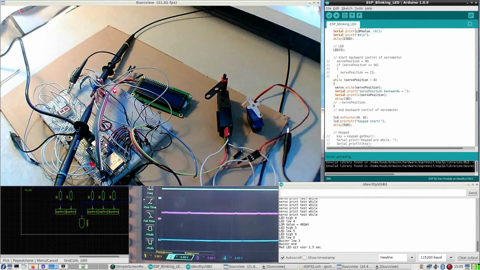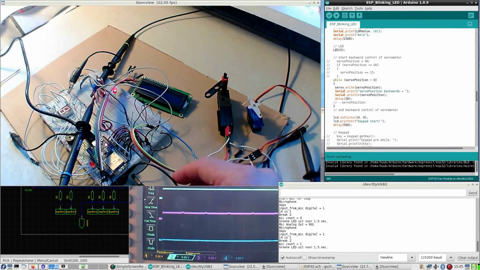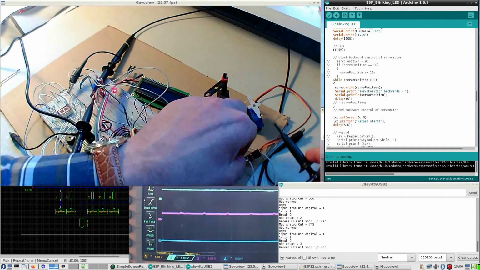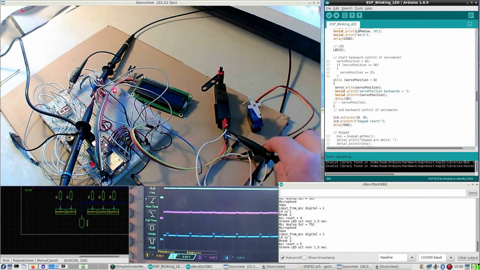Which indicates that both motors should be working. Should show activity, but they don't.